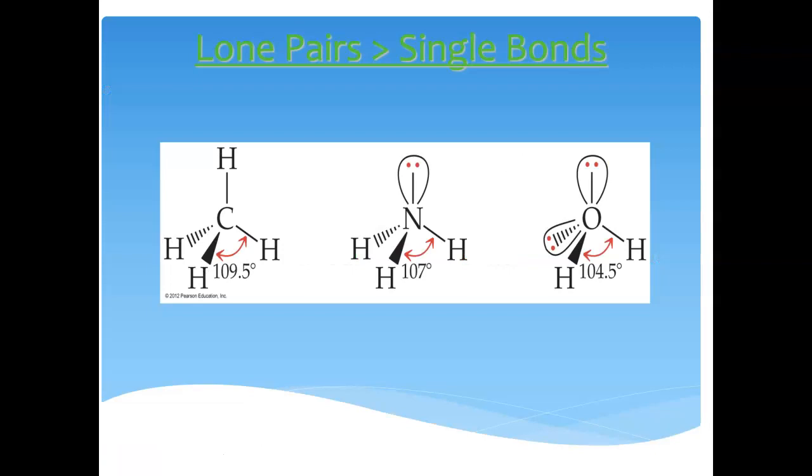And so here's some examples for you so that you can see the central atom, the lone pairs, and other atoms. So here's our central atom in each case. And you can see in the case of this CH4, there are no lone pairs. Just 4 other atoms attached to the central atom. Hence its tetrahedral shape.